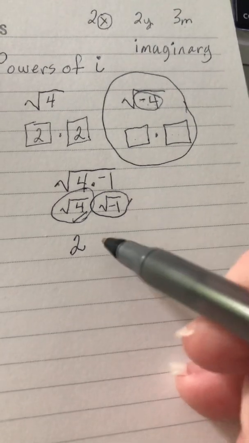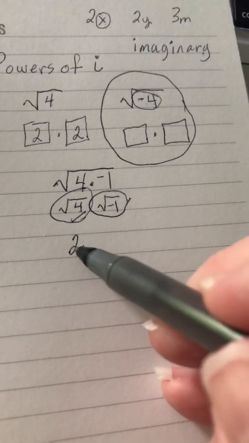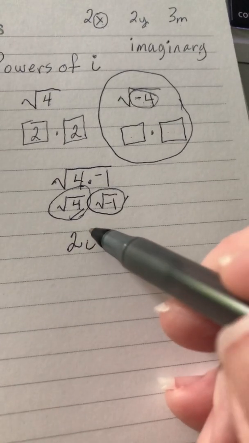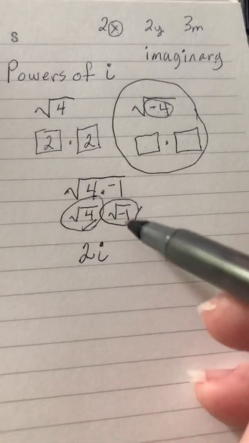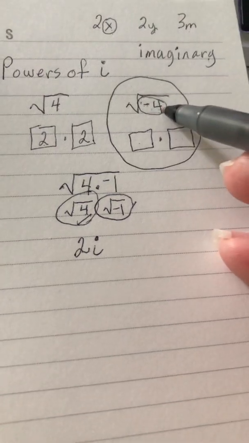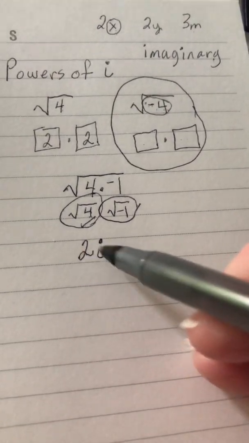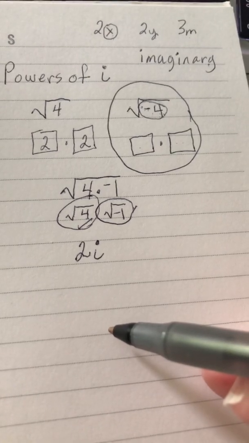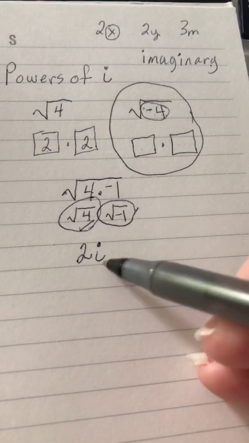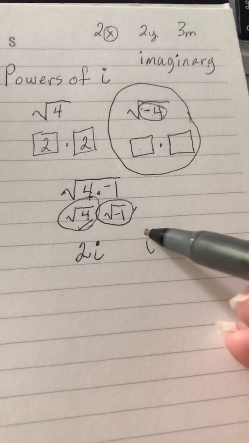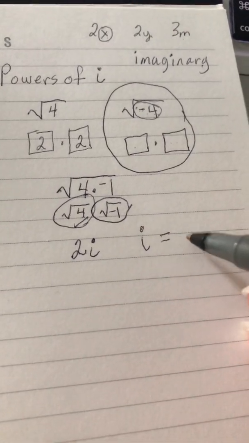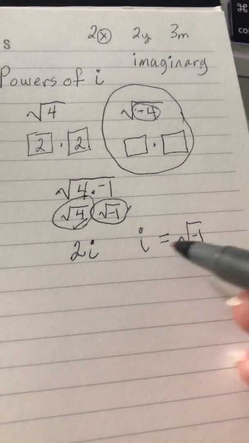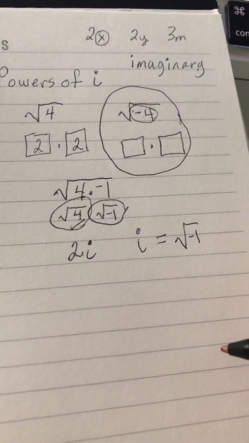So I'm going to take this answer 2 and multiply it by an imaginary answer represented by the letter i. So the answer to the square root of -4 is 2 times an imaginary number. Every time we see an i, we should think, oh, that's the same as saying the square root of -1. These two things mean exactly the same thing.